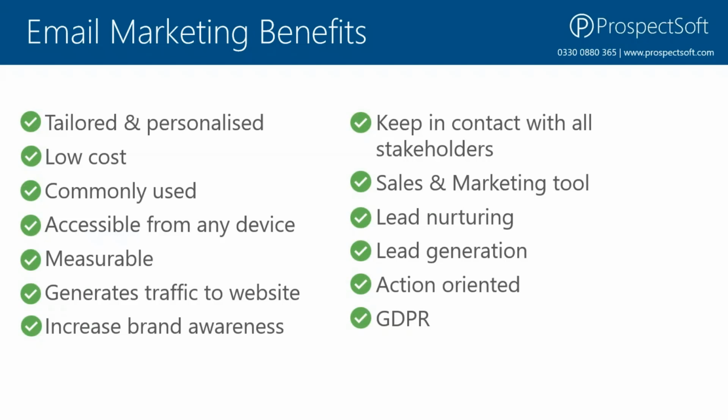Some of the benefits include it being low cost. It's accessible on any device. People can look at emails anywhere, it doesn't matter what they're using, and it also generates traffic to your website, which is obviously critical in the lead nurturing and lead generation process. So there are some of the high-level benefits that we already probably know.